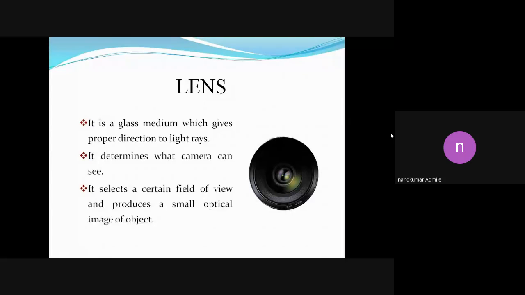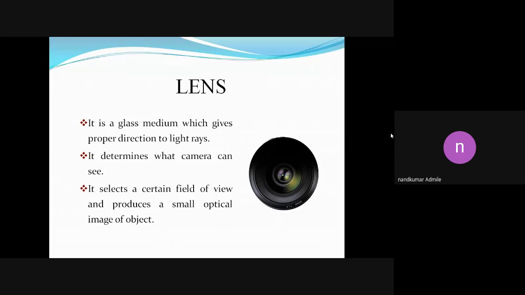Now we have to understand the exact working of each internal part. First is the lens. By using the lens, we can focus the light on an object. It can focus the various light rays on an object.